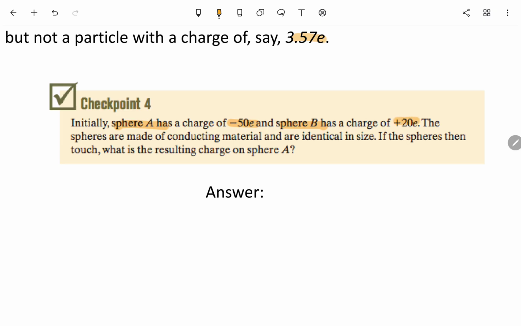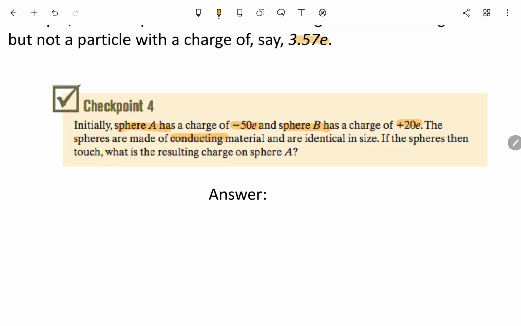The spheres are made of a conducting material, which means it has free electrons that are free to move within the material, and they are identical in size. If the spheres then touch, what is the resulting charge on sphere A?